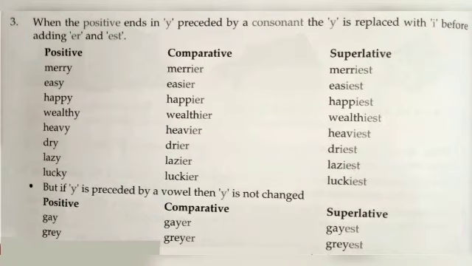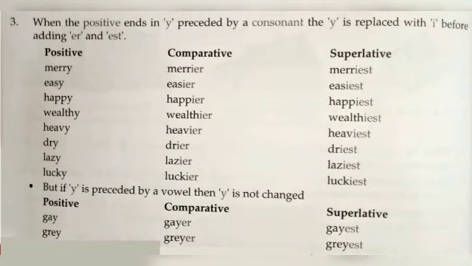Okay, here it says that if the word is ending with Y, as you can see in all the examples given in the third point, all are ending with Y. And it says preceded by a consonant. And you can also see that before Y, we have consonants. As you can see in example 1, Mary.